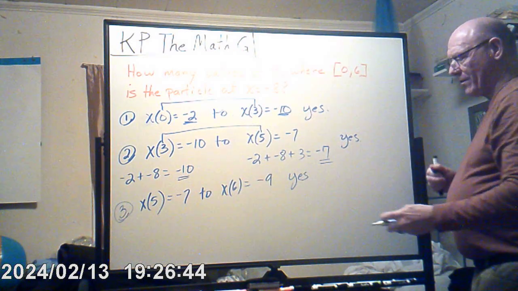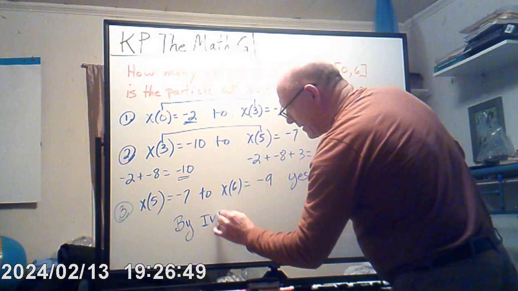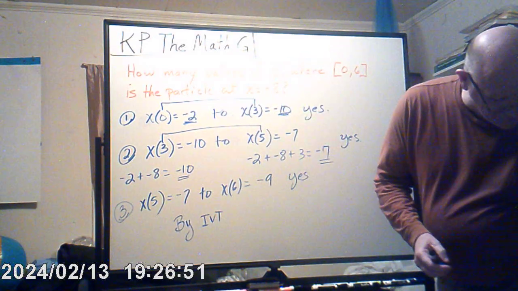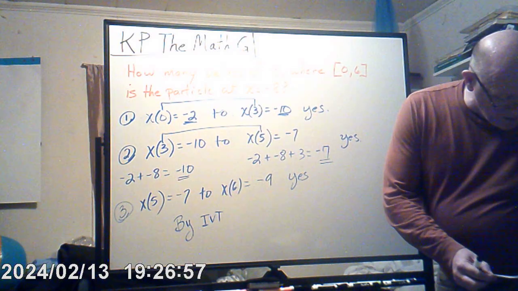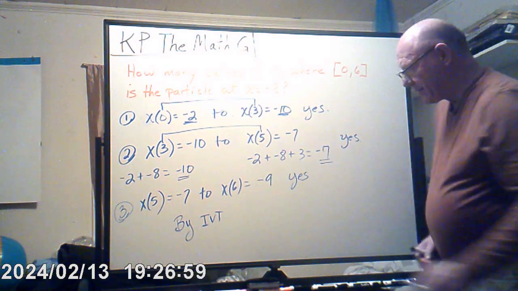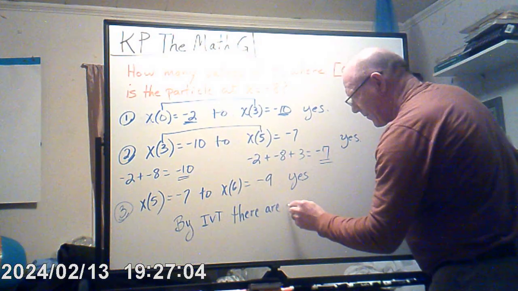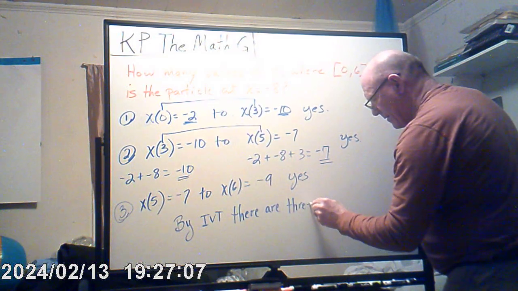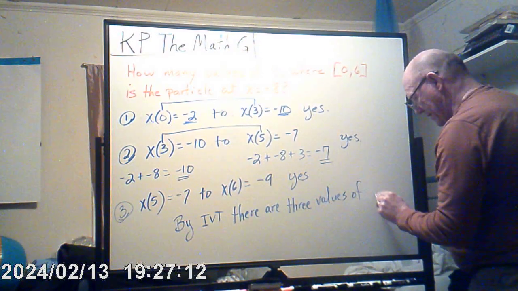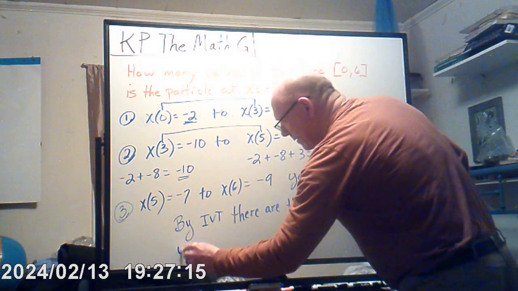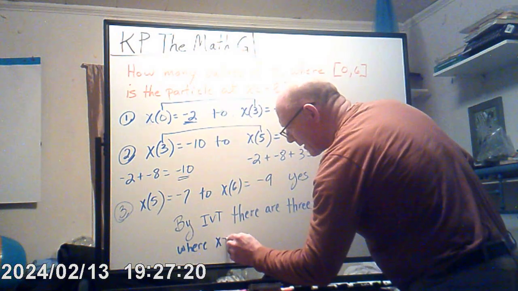So by the IVT, the intermediate value theorem, there are 3 values of t where x equals -8.